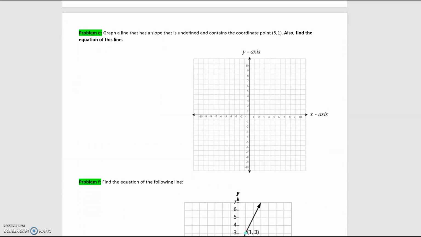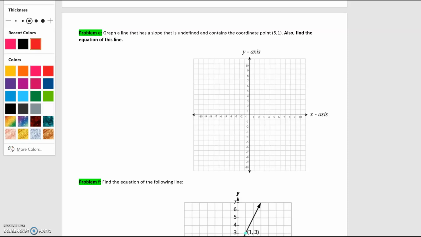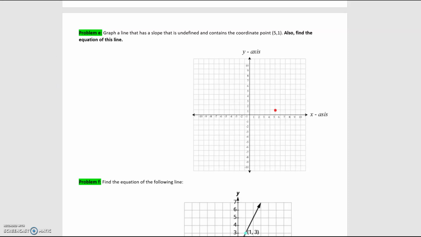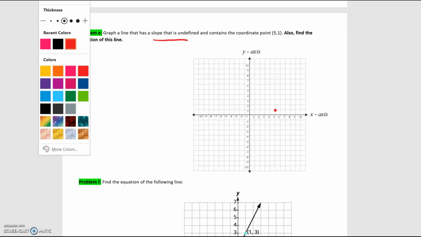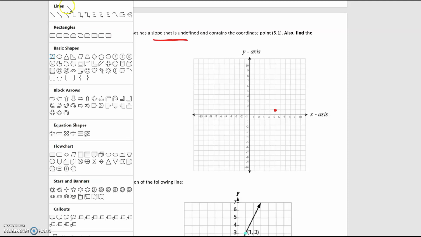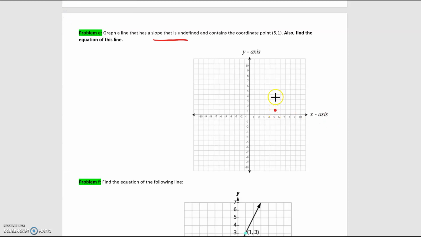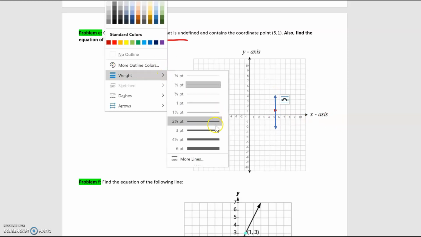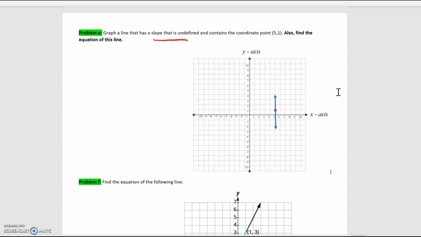Let's take a look at problem E. In problem E, they want us to do (5, 1) as a point. So (5, 1) is here, and then a slope that's undefined. Any slope that's undefined is going to come from a line that happens to be vertical. So in this case, we're looking at a vertical line. Let me just write it out on the side.